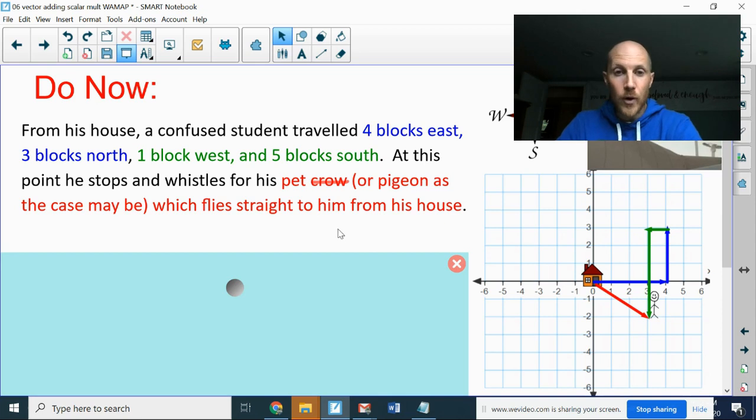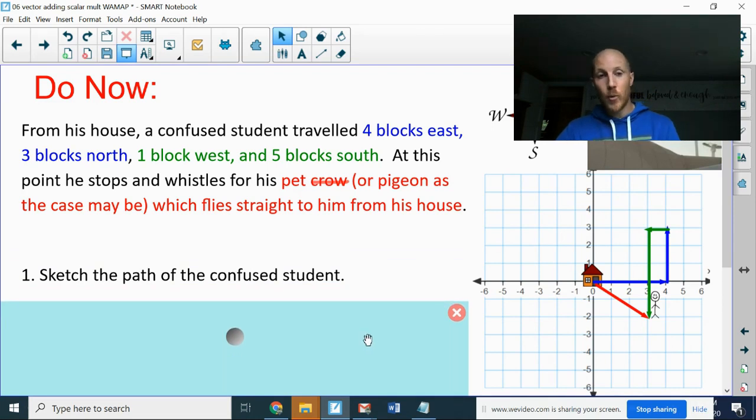So here's the story. From his house, a confused student travels 4 blocks east and then 3 blocks north, 1 block west, 5 blocks south. At this point, he realizes he's lost and confused, stops and realizes, hey, I left my pet pigeon at home, whistles, and the pigeon flies straight from his house to the confused student.